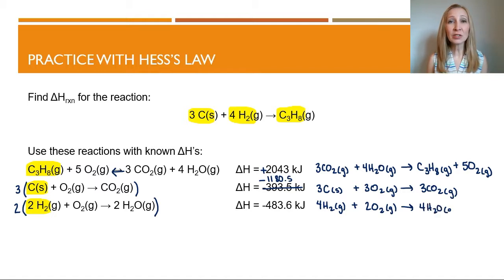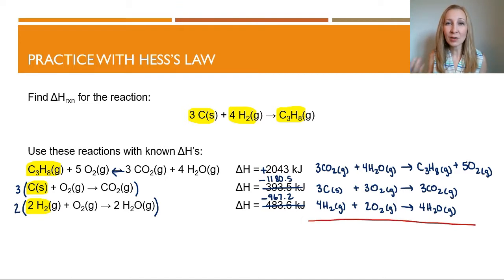So I've doubled the entire equation, and I have to double the enthalpy for that equation. This is an exothermic reaction. It's a negative enthalpy, negative 483.6. But if I double that, I get negative 967.2. So what we're saying is we're going to double the ingredients, which means we're going to get double the products, which means we're going to get double the energy from this equation. That's all we're doing here.